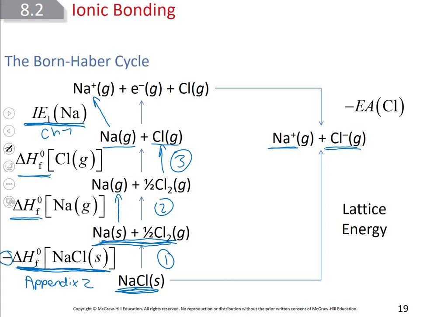Next one, making chlorine here going to become chloride ion is adding an electron. What is the energy associated with adding an electron called? Electron affinity. So step 5 here is going to be the electron affinity. Now, why did I make it negative?